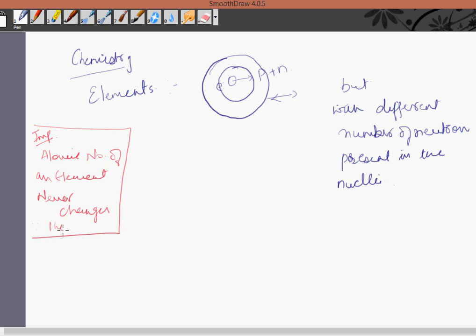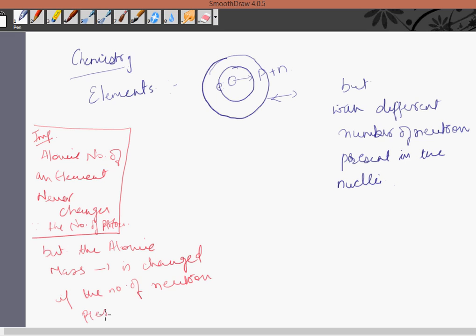That is, the number of protons never changes itself, but the atomic mass is changed if the number of neutrons present in an atom of the element is changed, or you can say is different, right?